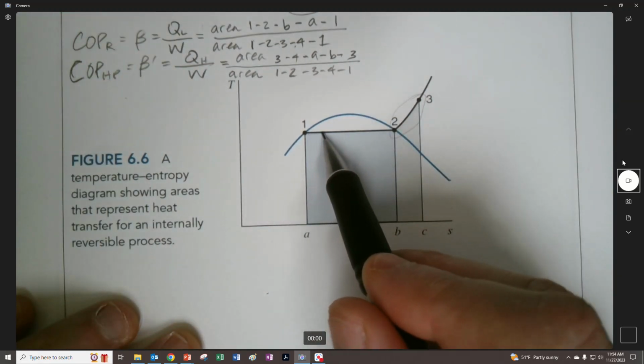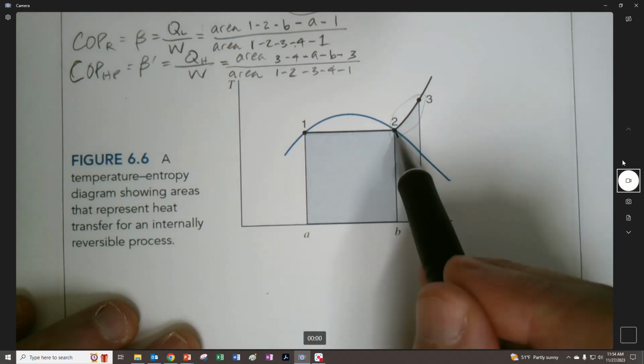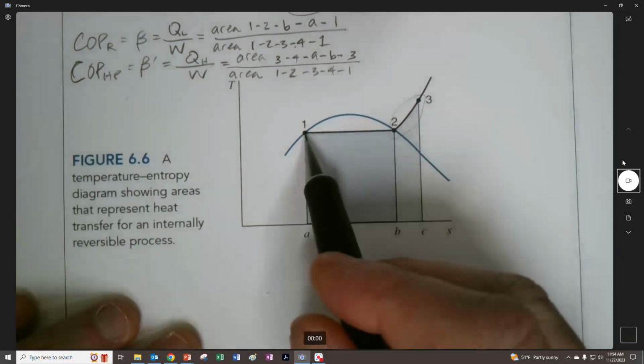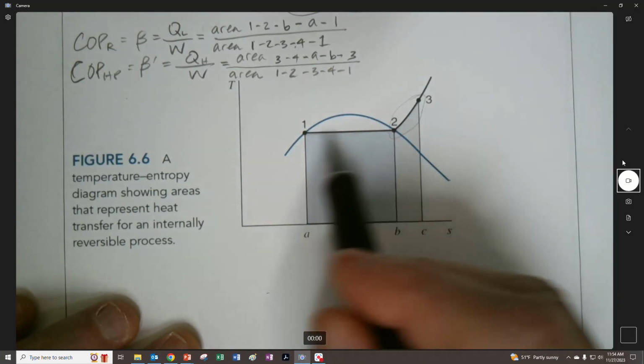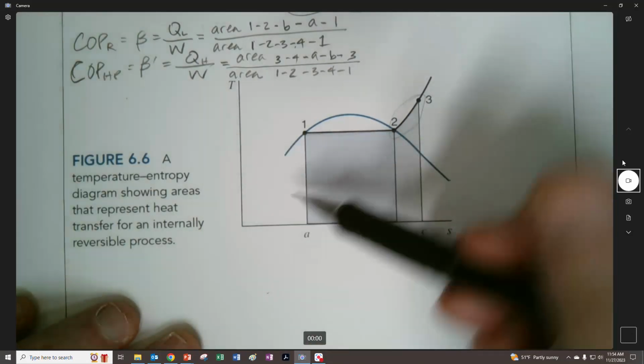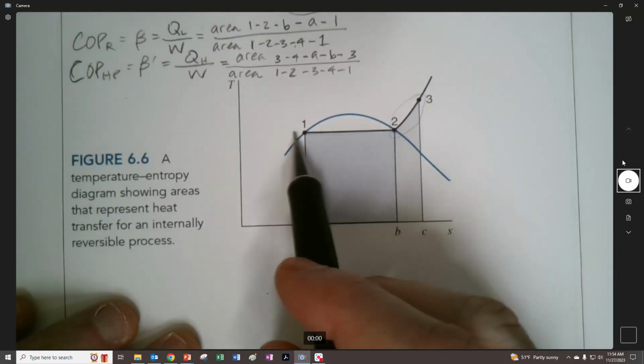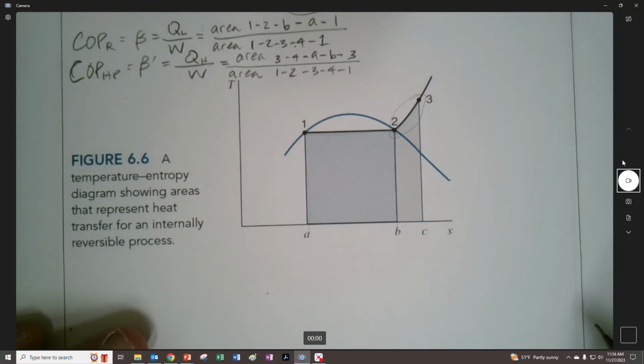But right here, in a vapor dome, we inherently have an isothermal process, right? Here's an isentropic process, but here is an isothermal process, and that's useful to us.